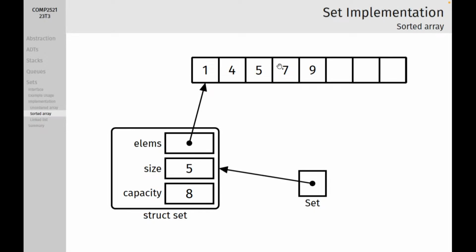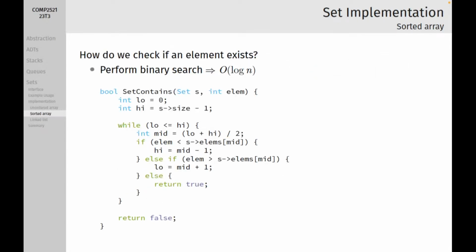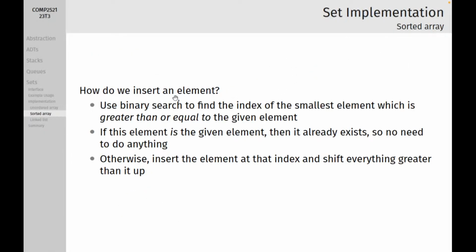Now, if 6 is in the array, then the element that we would get is 6, because we're trying to find the smallest element which is greater than or equal to the element we're trying to insert. So use binary search to find that.